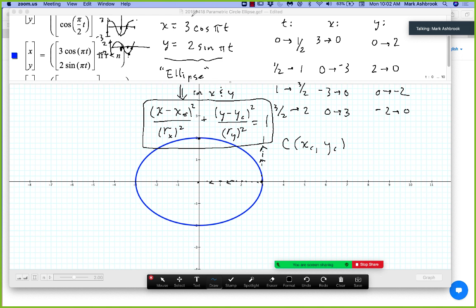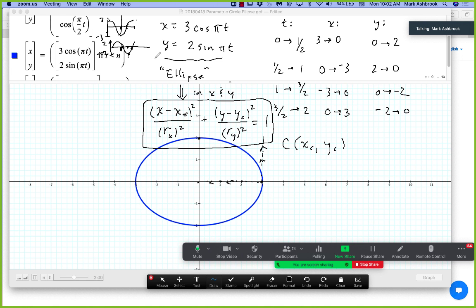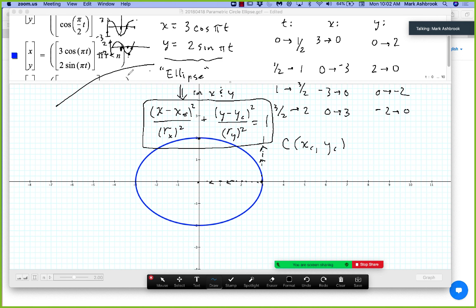And so if this is truly an ellipse, then it should be equivalent to an equation of an ellipse like this, in x and y, without t anymore, right? Just an equation of x and y, not a parametric function. So what's the bridge? How do we get from this parametric function of cosine and sine to an equation of x and y that doesn't have t in it anymore?